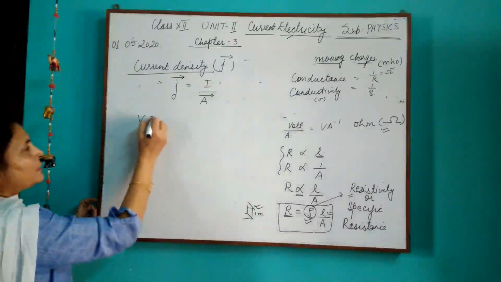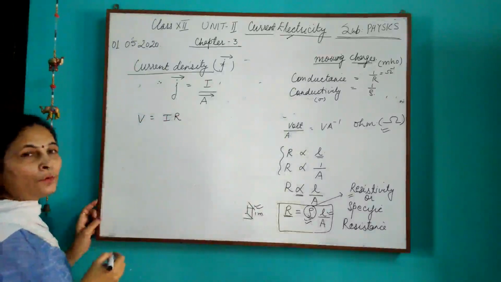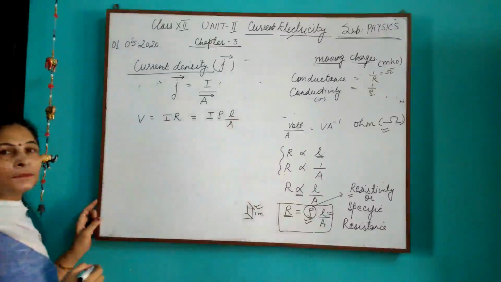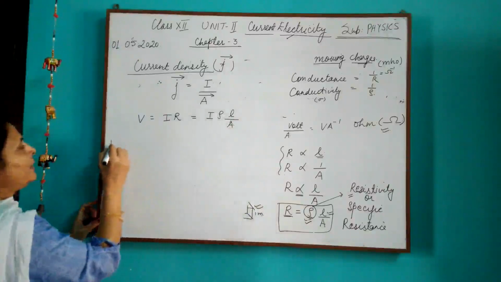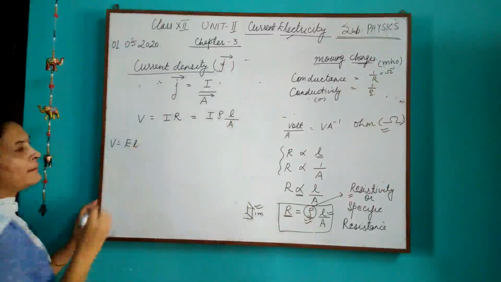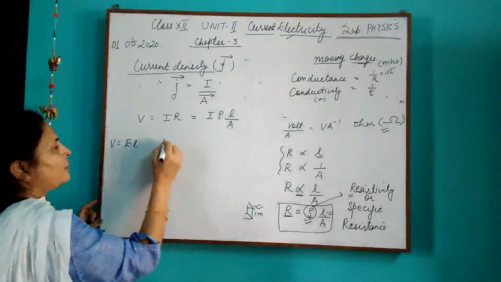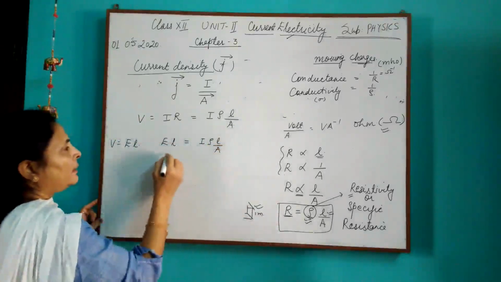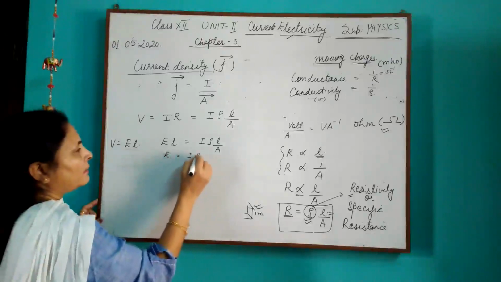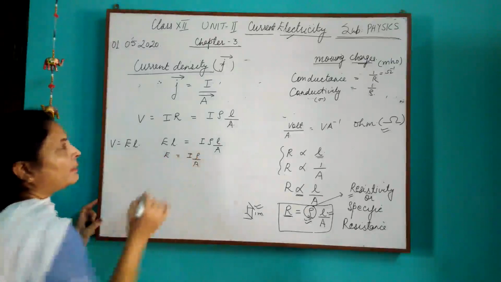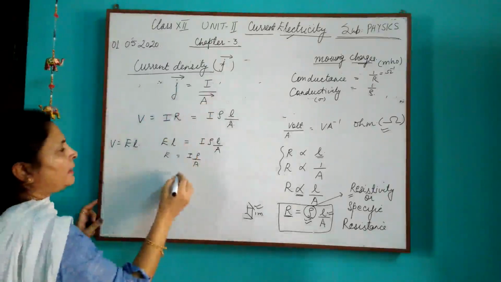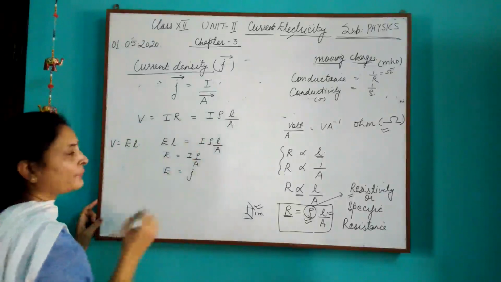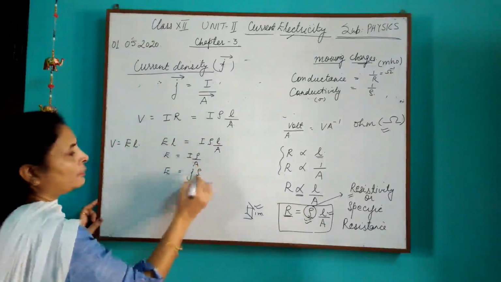See, we know that V is equal to IR according to Ohm's law, which can also be written as I rho L upon A. Now, V can also be written as E into L. So, I can write E into L equals I rho L upon A. Here I can write E is equal to I rho upon A. I upon A can be written as J into rho.